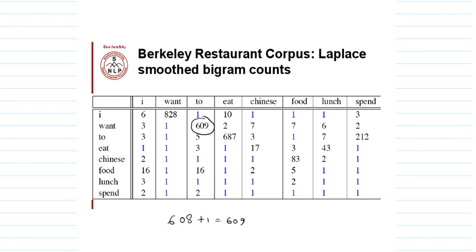The count of want is not 608, but its original count C of wi minus 1, plus the new vocabulary, right?